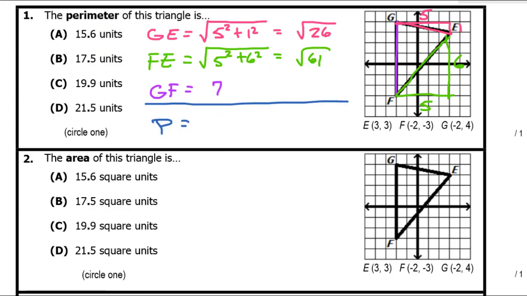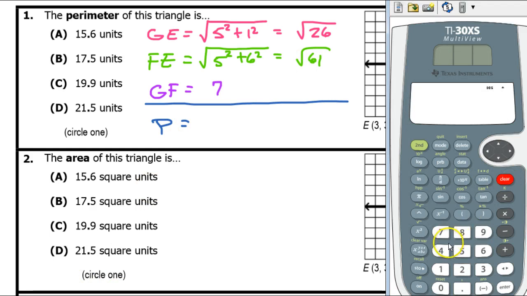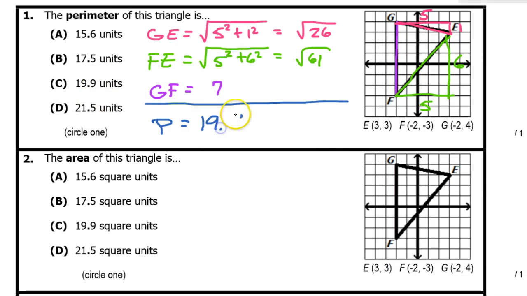The perimeter is the square root of 26 plus the square root of 61, plus 7. So that turns out to be 19.91. So I have 19.91 units. So clearly the answer is C.